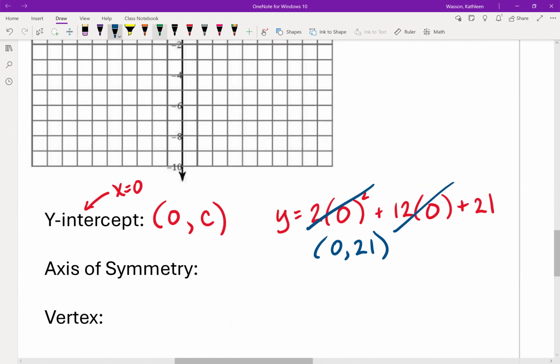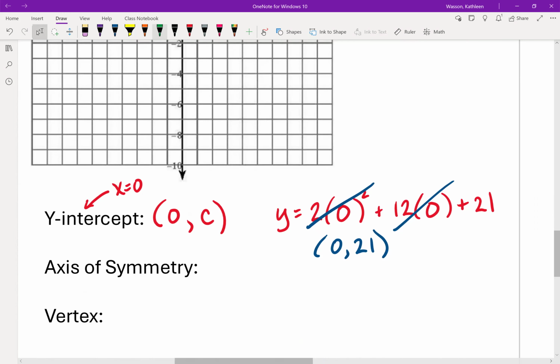Okay. Axis of symmetry is a calculation when you have a standard form equation or inequality. My axis of symmetry is always this formula, x equals negative, and you substitute the b value divided by 2 times whatever the a value is. For this graph we're trying to draw, b is 12 and a is 2.